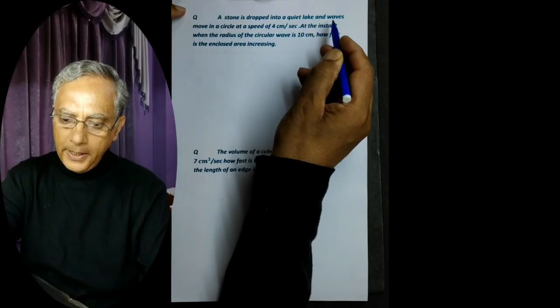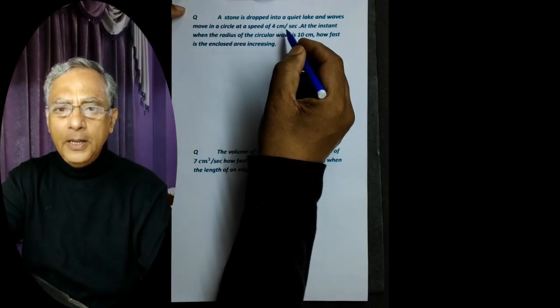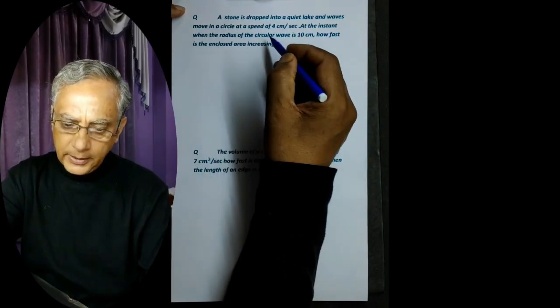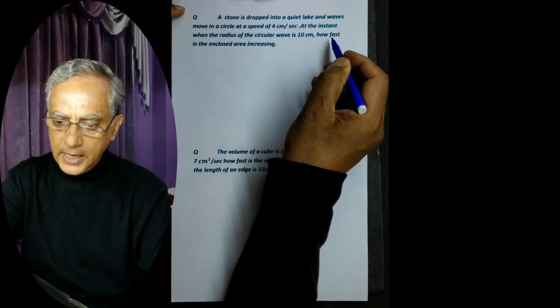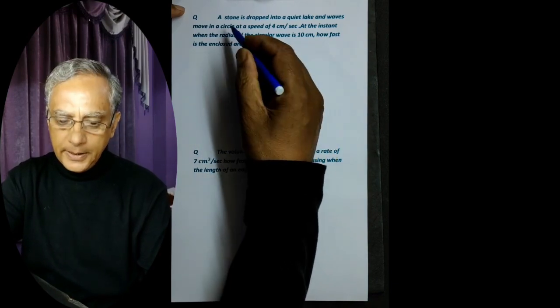A stone is dropped into a quiet lake and waves move in a circle at a speed of 4 centimeter per second. At the instant when the radius of the circular wave is 10 centimeter, how fast is the enclosed area increasing?